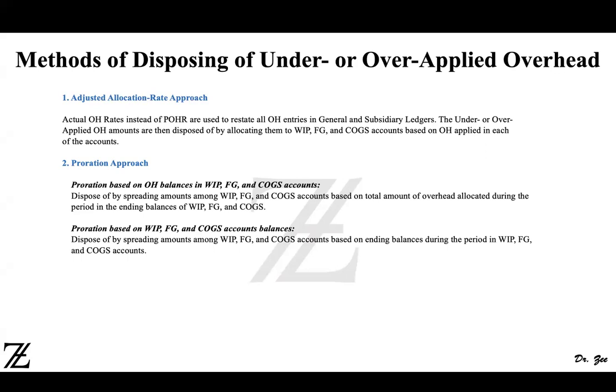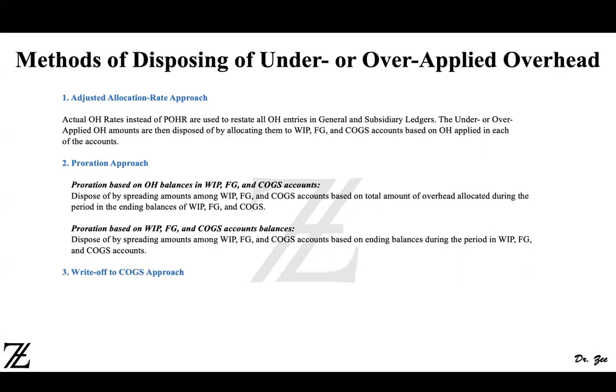In the previous one, proration based on overhead balances, we use the overhead balance in each of these three accounts. Whereas in this one, we are using the balance of work in process, finished goods, and cost of goods sold to allocate or spread the underapplied or overapplied overhead among these accounts. So that's a slight difference.